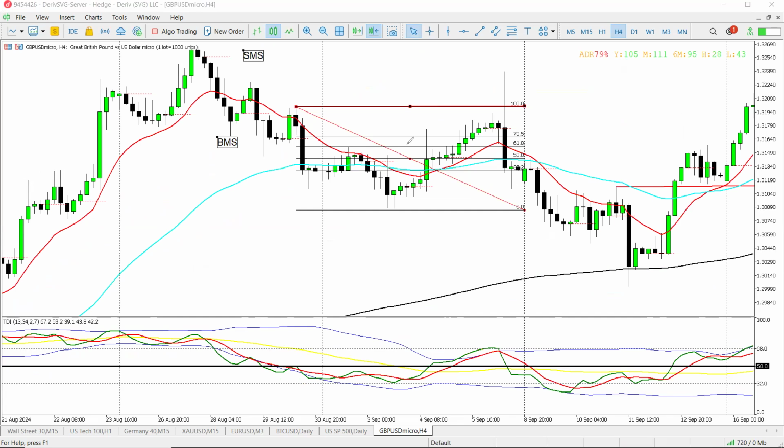As price was retracing into our OTE right here, there was no reaction, right? We had no reaction at all. This is an example where you, as a trader, should understand that sometimes you might not get a reaction.